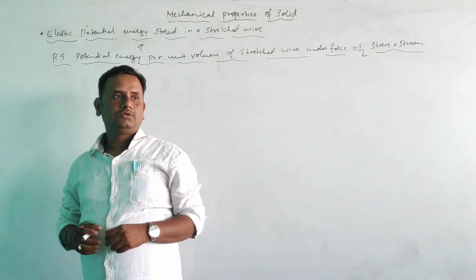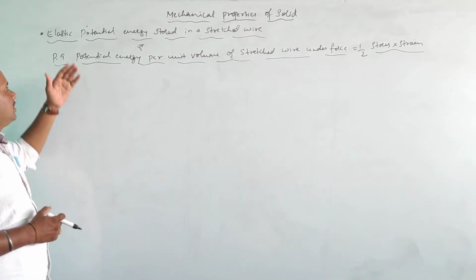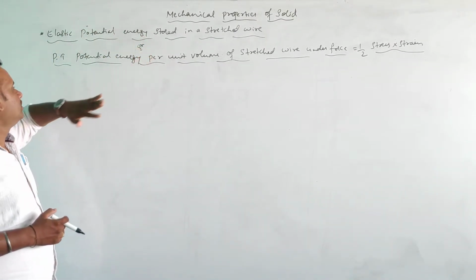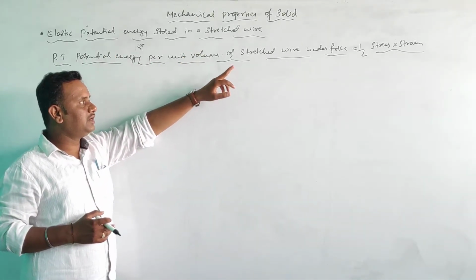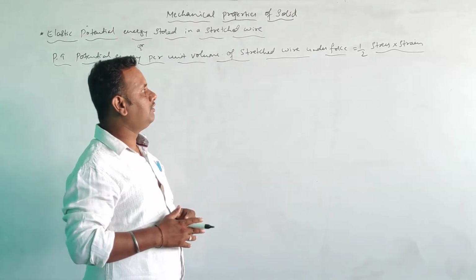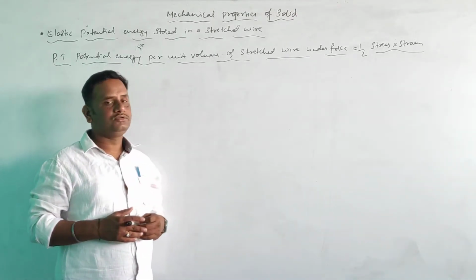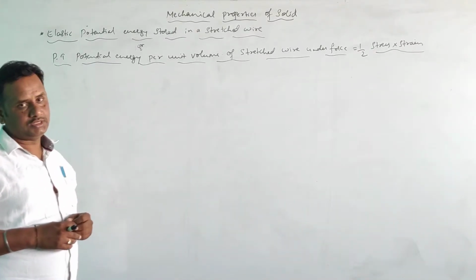They may ask in the exam: obtain an expression for potential energy stored in a stretched wire. Prove that potential energy per unit volume of a stretched wire under force is equal to half into stress into strain. So that is what we have to do here.